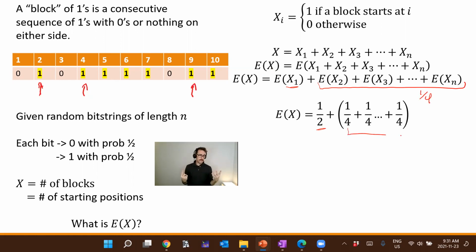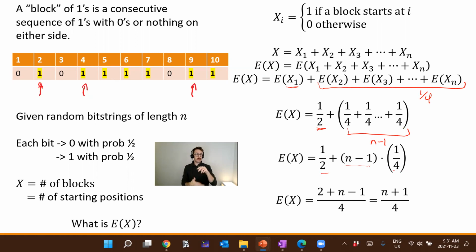So we have 1/2 here, and then n minus 1 of these 1/4 terms. So we have 1/2 plus n minus 1 times 1/4. If we put the whole thing over 4, then this becomes 2/4. Then we have a common denominator, and we have 2 plus n minus 1 over 4, which is n plus 1 over 4.